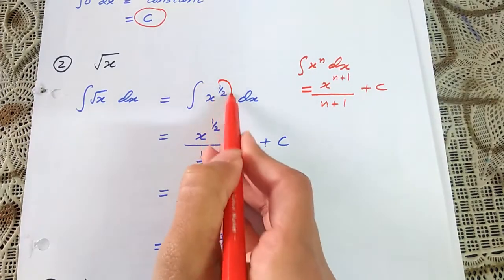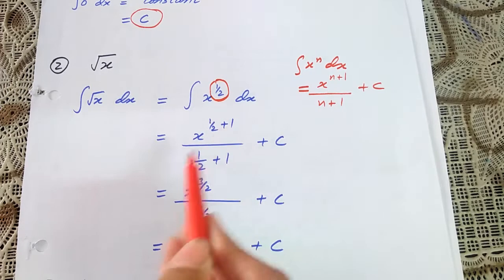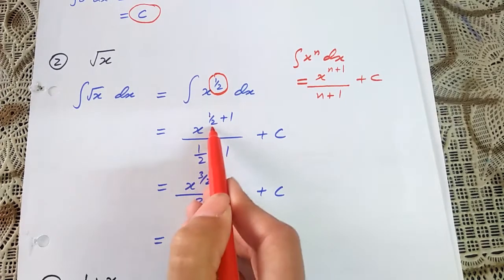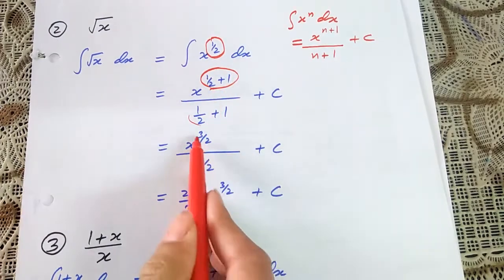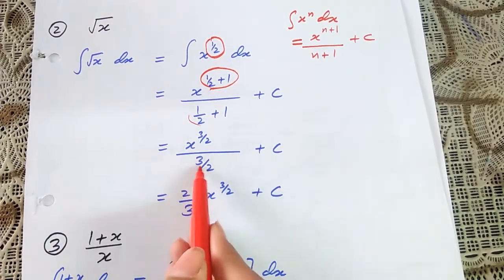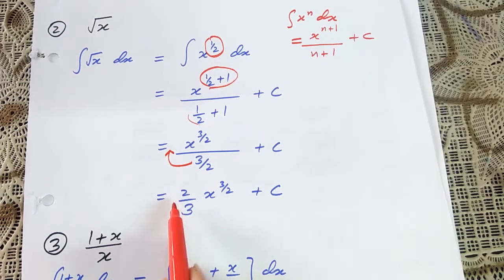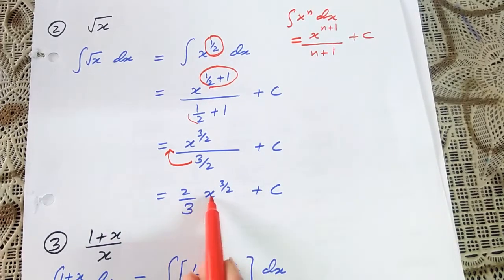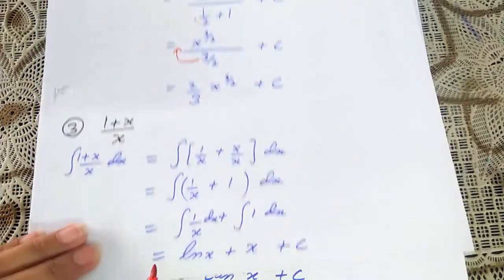So here the power is 1 by 2. So we'll integrate it like power plus 1 divided by that whole power. 1 by 2 plus 1 will be 3 by 2, divided by 3 by 2. That 3 by 2, when we move it up, it will be reciprocal. So 2 by 3, x raised to power 3 by 2 plus c is the answer of question number 2.